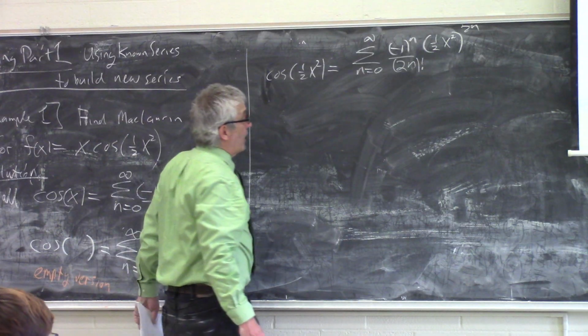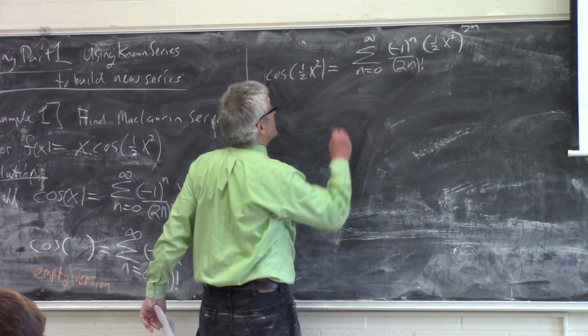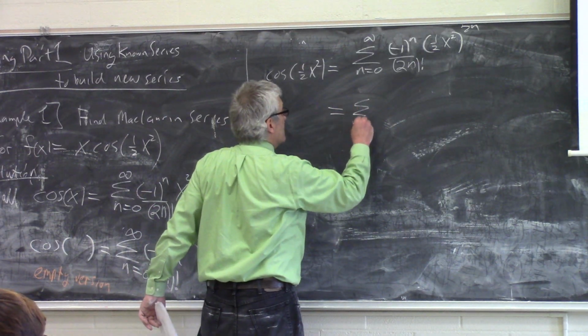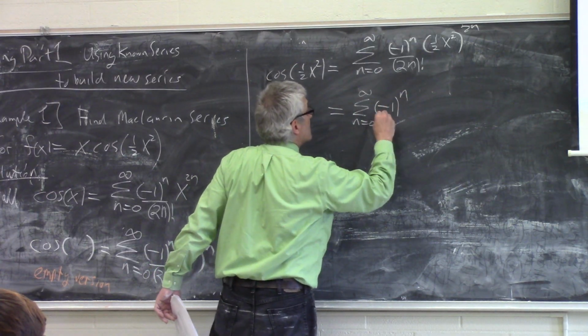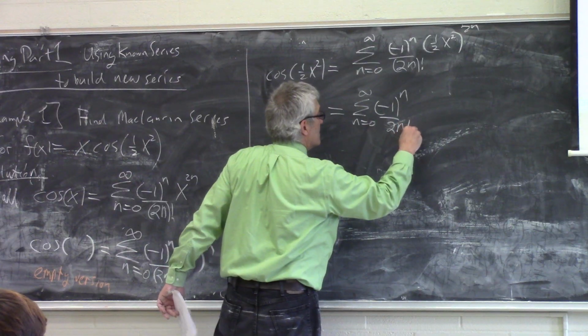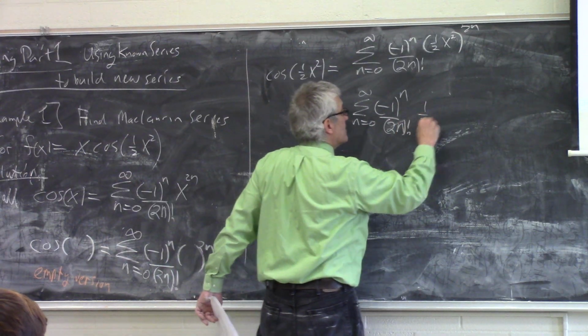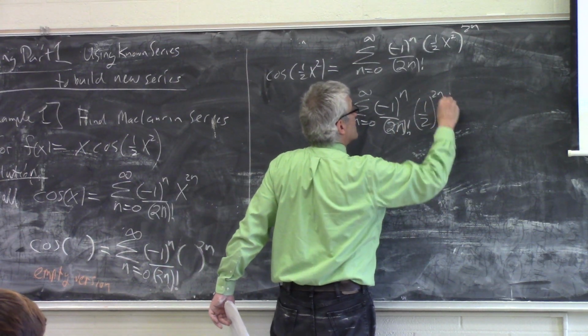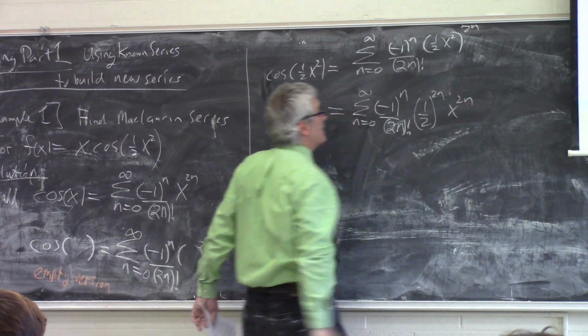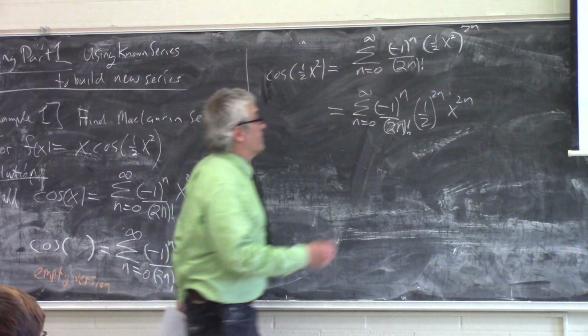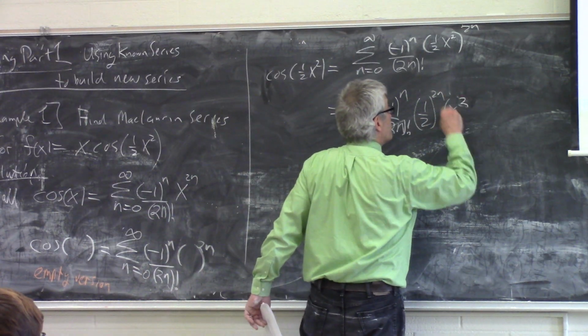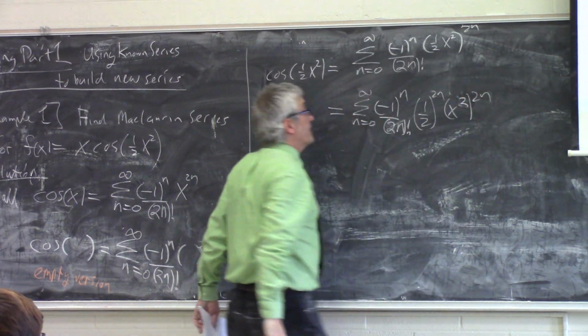I'm going to break out the 1/2 to the 2n, and I can clean this up a bit. This should be x squared to the 2n. Break that into 2 terms.